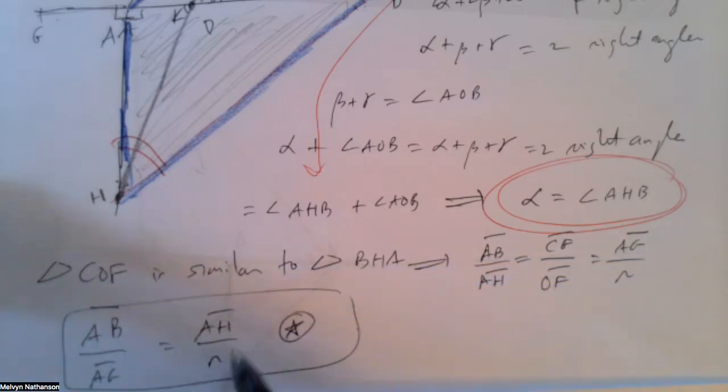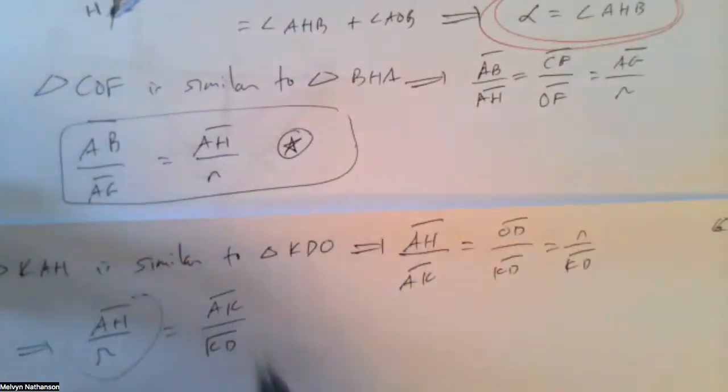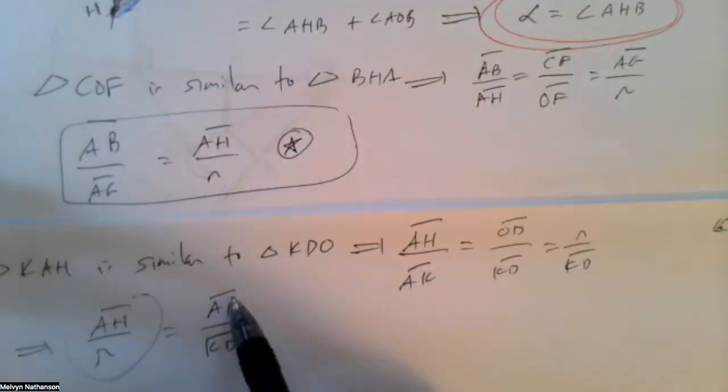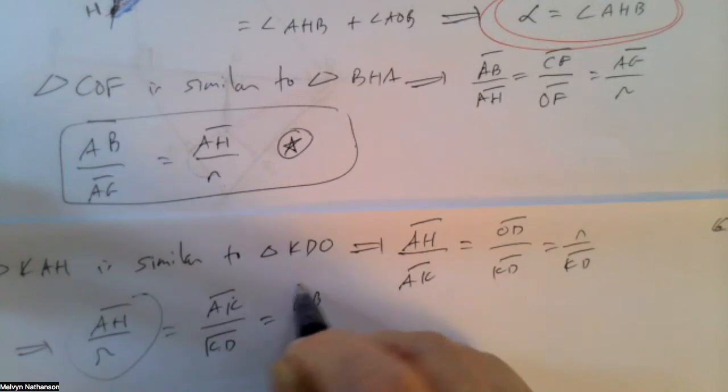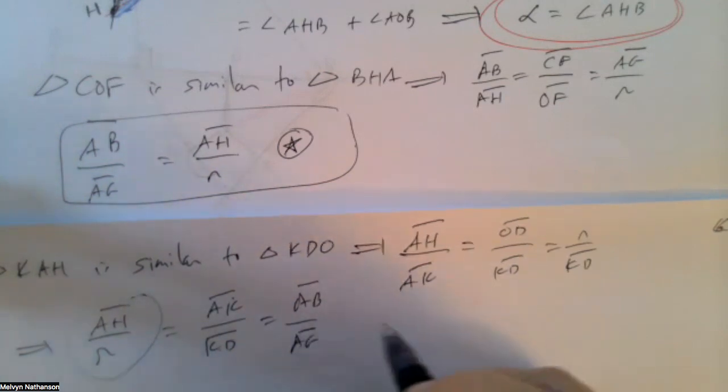And OD, again, is R, over KD. So if you rewrite this, you get the ratio of the length of AH to R is the ratio of AK to KD. And here I have AH over R, and here I have AH over R. So the ratio of AK to KD is the same as the ratio of AB to AG.